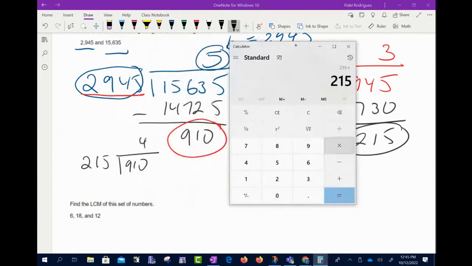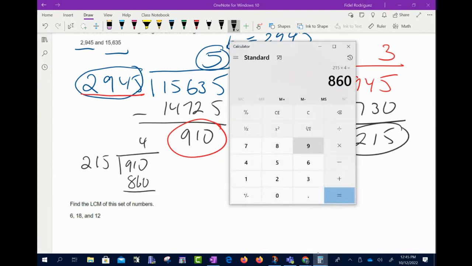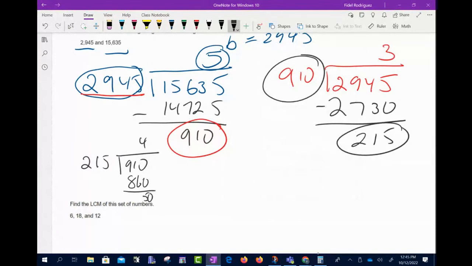And I want to figure out what's 215 times 4? 860. And I'm going to subtract again. 910 minus 860. 50, okay? That's my remainder. I got to keep playing this, y'all, until my remainder is 0, okay? And I know it takes time.